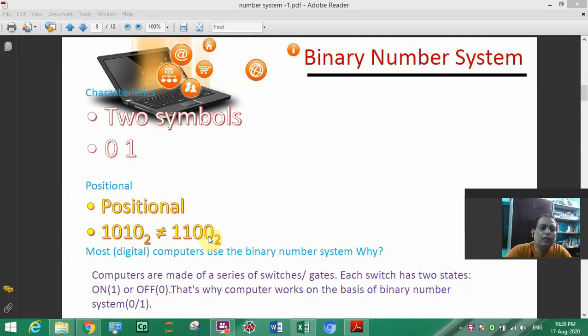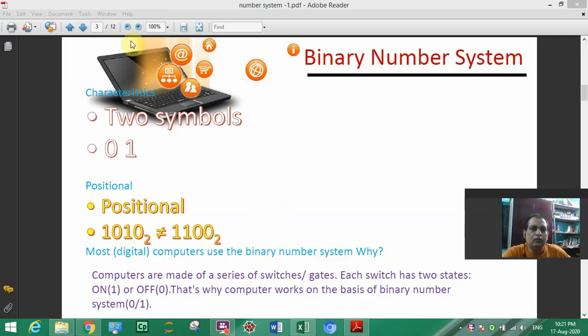In the previous slide I told how to calculate the value of this number. Like that you can give index and calculate the value. 0 represents false and 1 represents true.